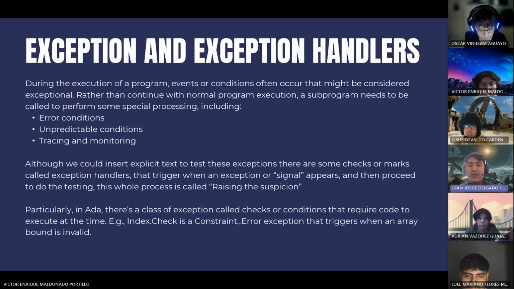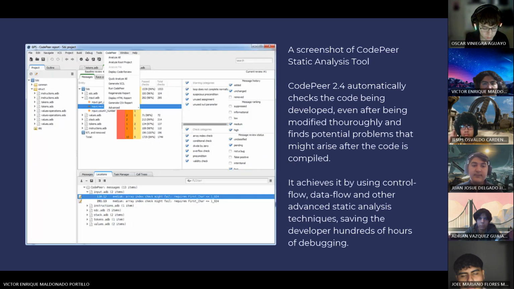Particularly in Ada, there is a class of exceptions called checks or conditions that require code to execute at runtime. Index check is a constraint error exception that triggers when an array bound is invalid. A screenshot of the CodePeer static analysis tool.